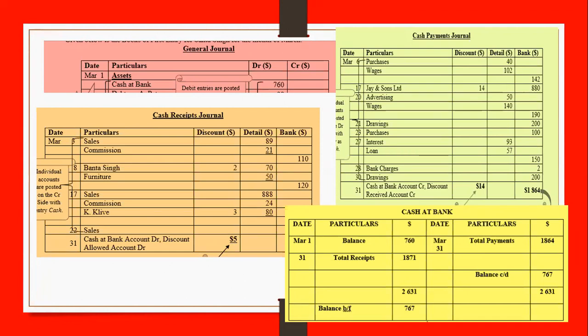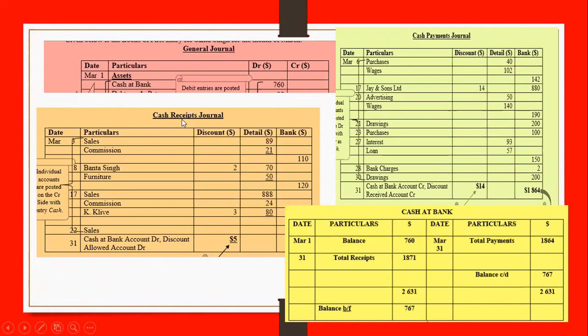So, let's just quickly go over the three entries again. General journal provides the opening balance. Same side posting, from the debit column to the debit side of the ledger. Cash receipts journal will supply the total because the cash receipts journal is named after cash at bank.